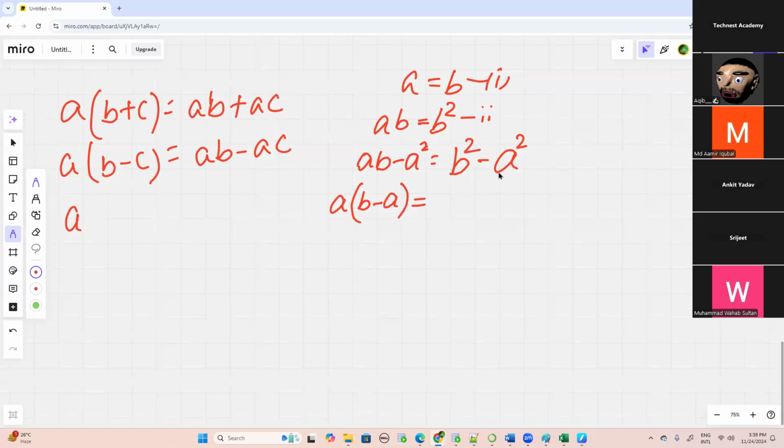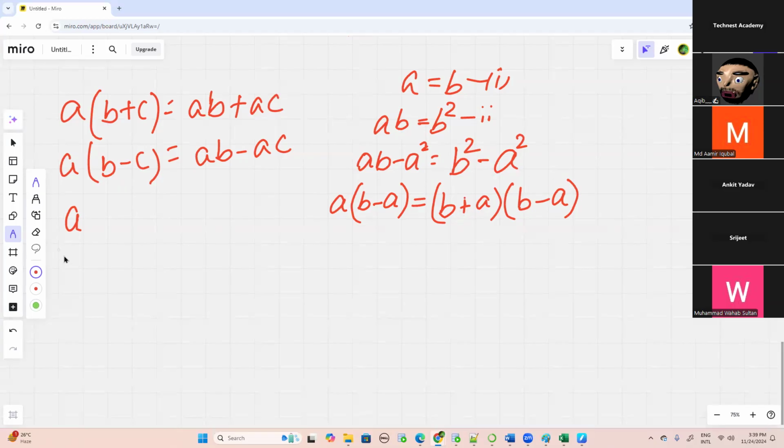B plus A into B minus A. You all know this. This is the basic mathematics formula: B square minus A square you can write as B plus A into B minus A.